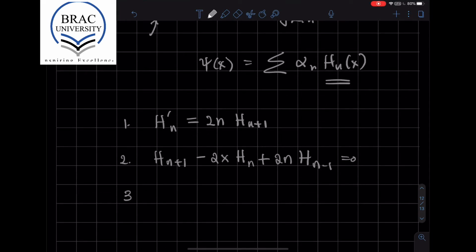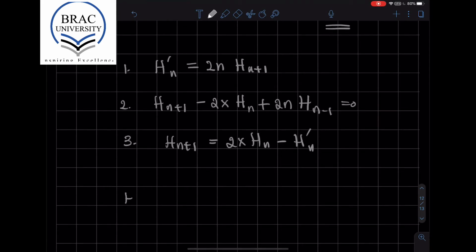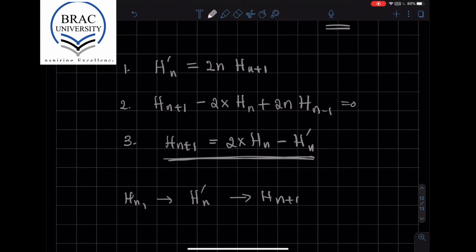And then we have number 3, which is Hn plus 1 equals 2x Hn minus H prime of n. So if I know Hn, of course, I can take its derivative, and that will give me H prime of n. Then this recursion relationship will give me Hn plus 1. So if we know one Hermite polynomial, we can figure out all the others.